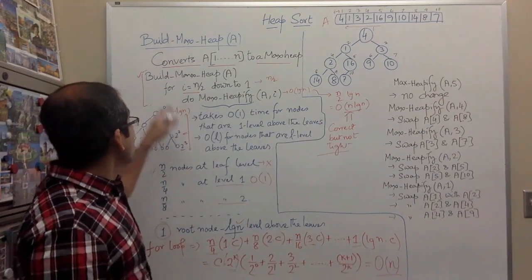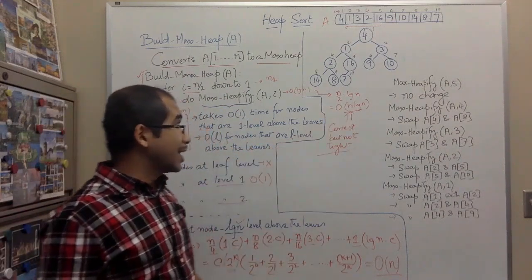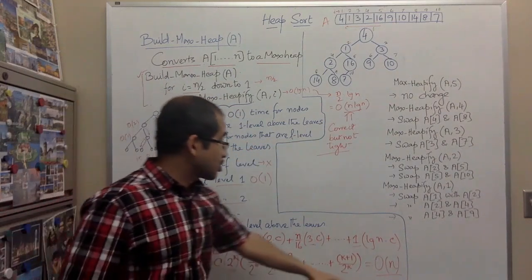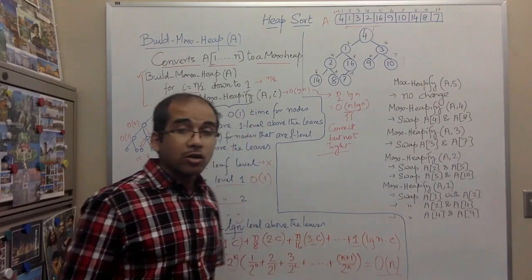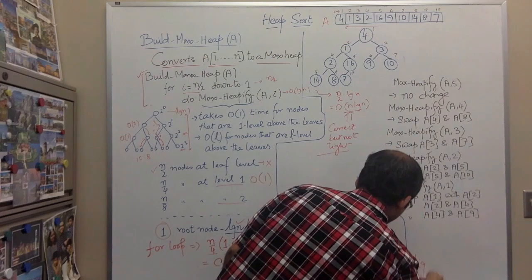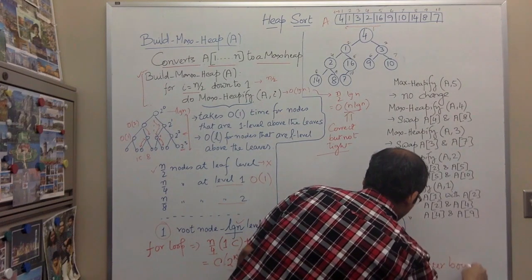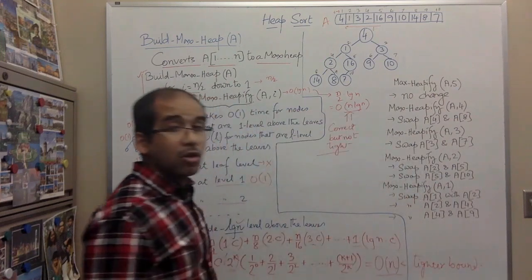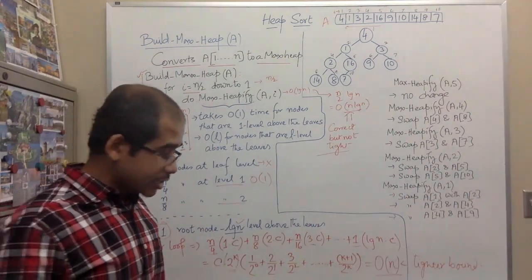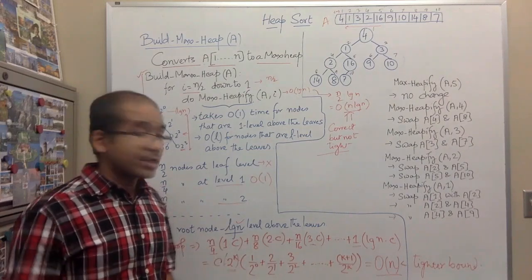It means that although the build max heap upper bound is order of n log n, a much tighter upper bound is order of n. So the tighter bound for build max heap is order of n. That is linear time, which is a very efficient algorithm.